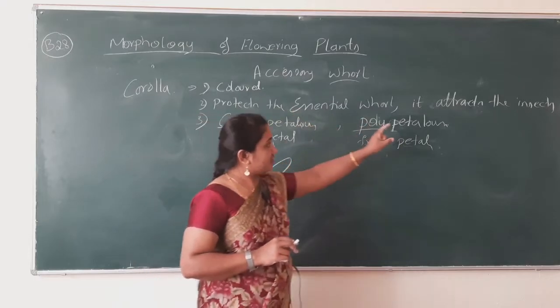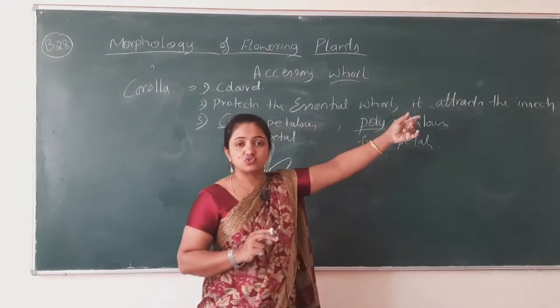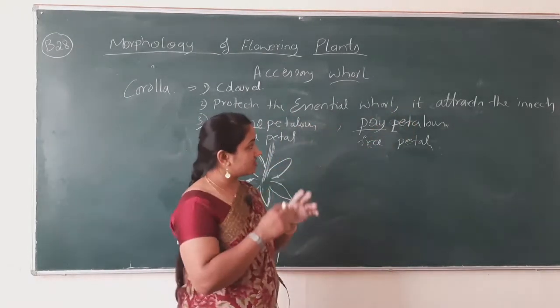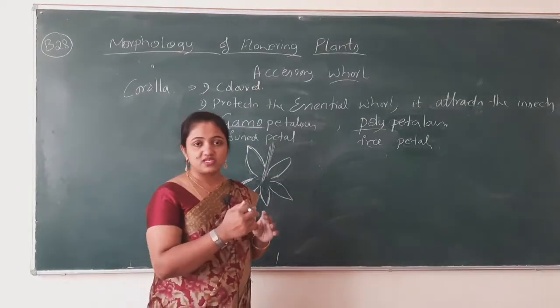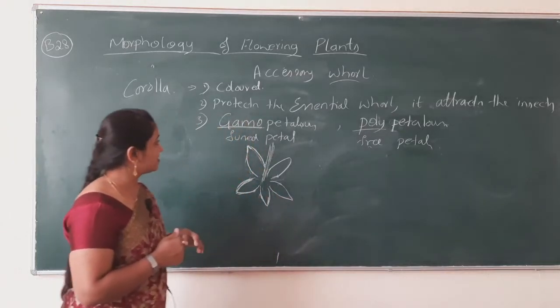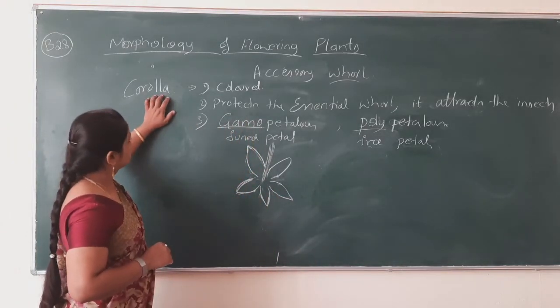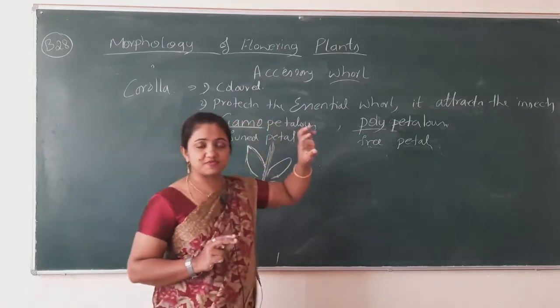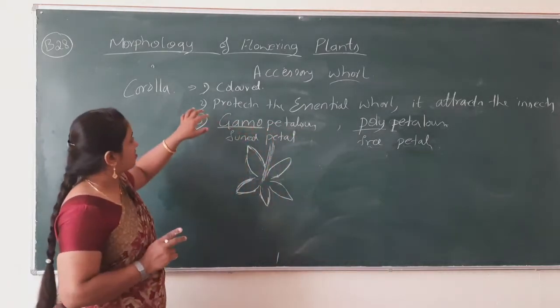So that is why the petals attract the insect, and also in some flowers the petals release fragrance. Okay, so if they ask you to write or give a description about the corolla, what you have to write?